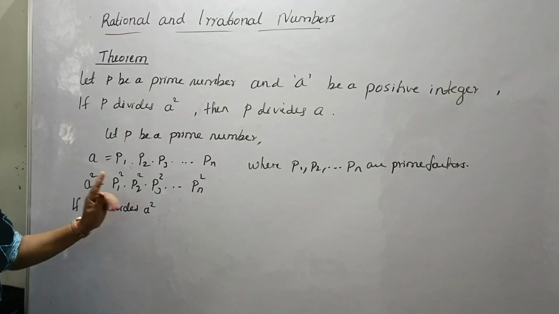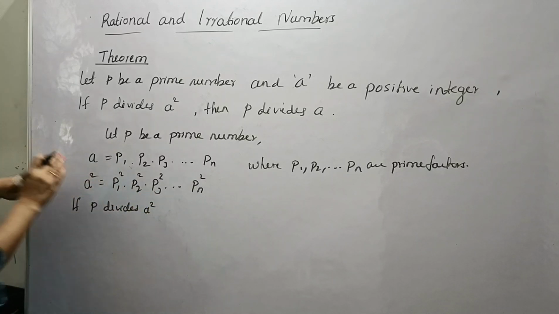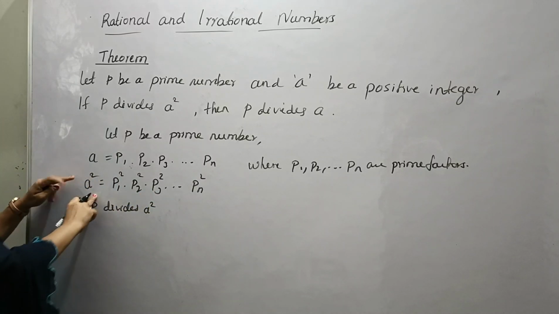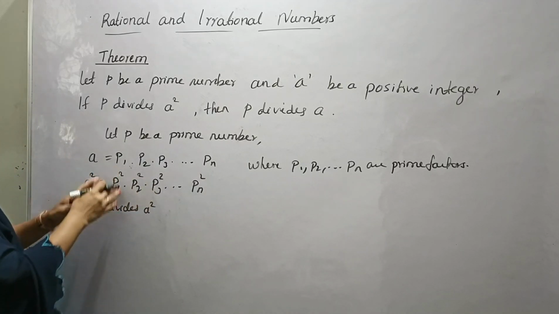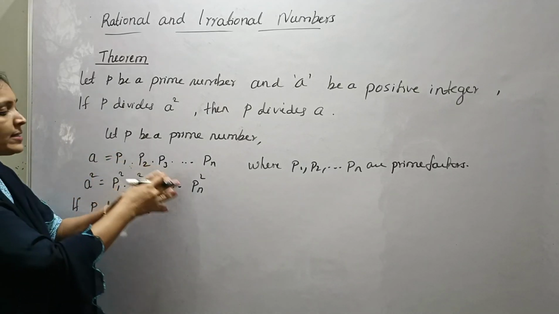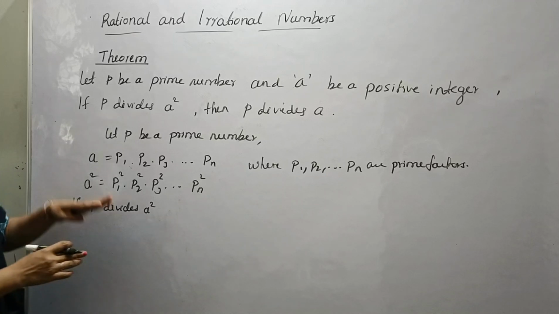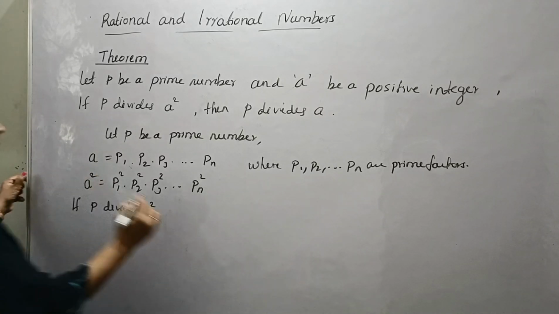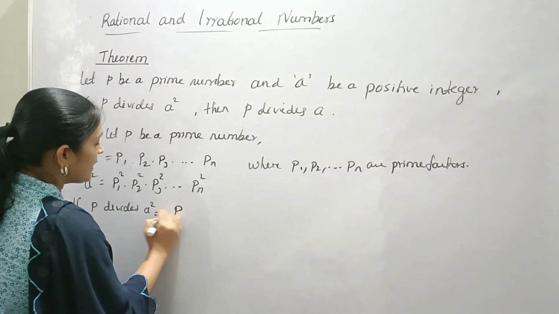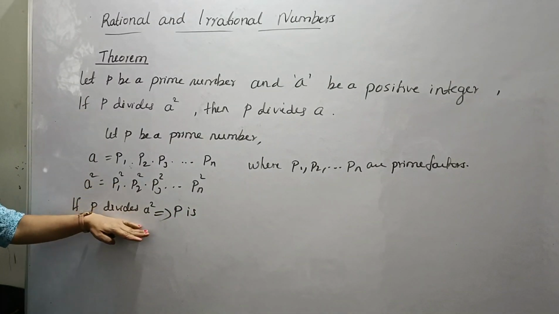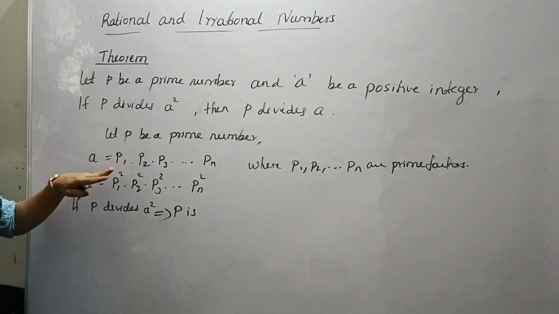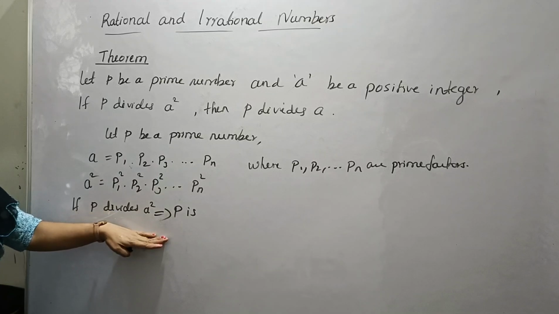And here we have written a square as the product of prime factors, p1 square, p2 square, p3 square, etc. pn square. So p divides a square means p is a prime factor of a square.